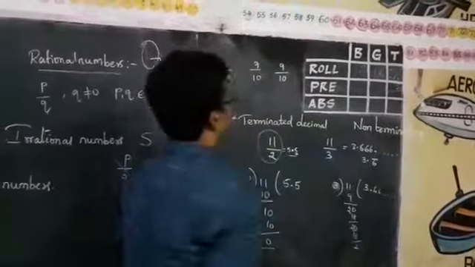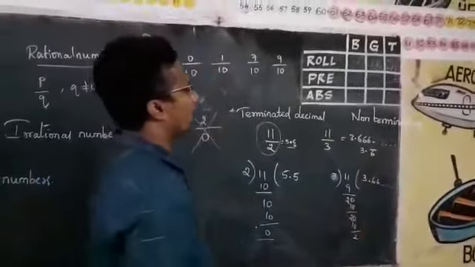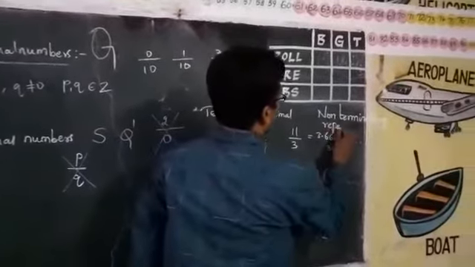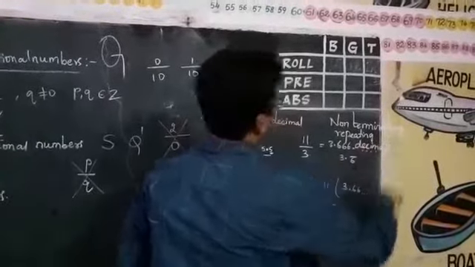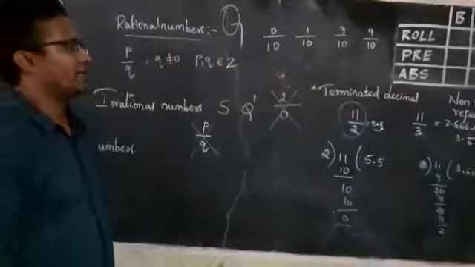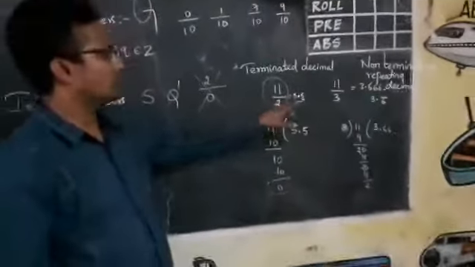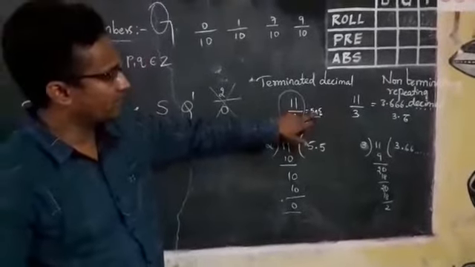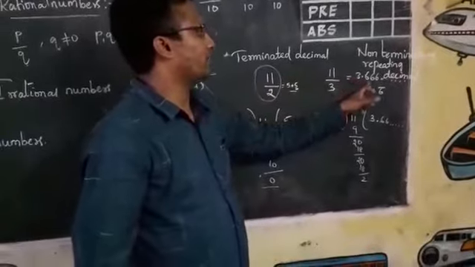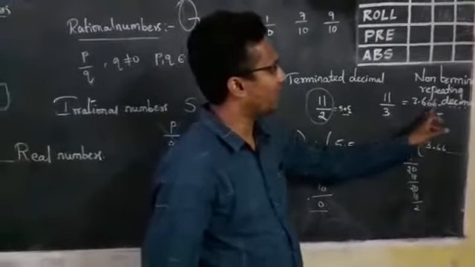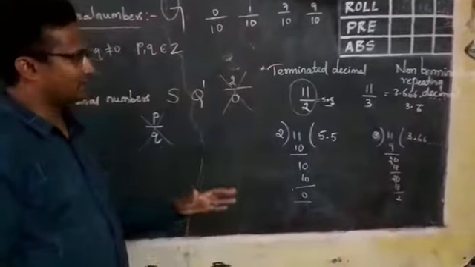And you can see the digit 6 is being repeated, so it is called a non-terminating repeating decimal. So one is a terminating decimal, where the decimal part ends or stops, and the other is a repeating decimal, where the decimal part repeats the same number.